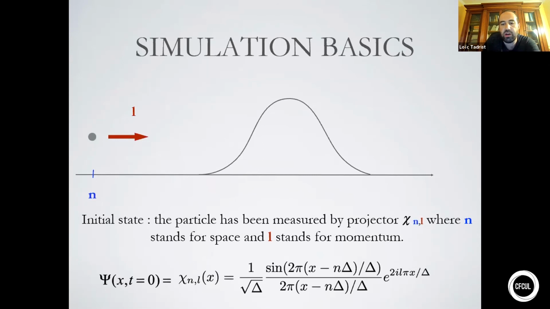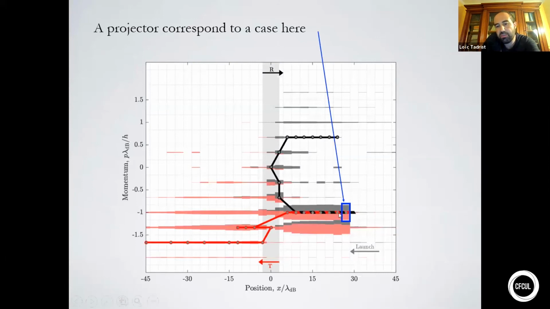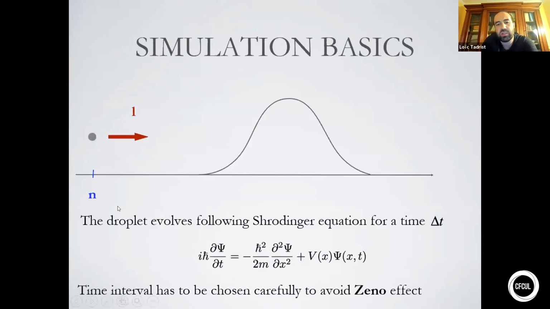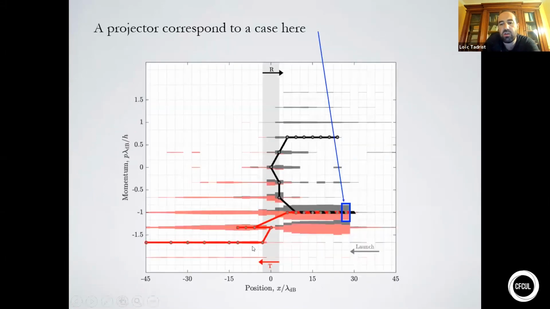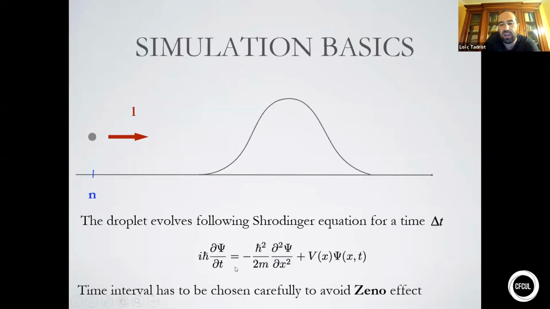Here is the expression of the projector, but we won't pay much attention to it right now. Basically, a projector describes a part of the phase space, and it corresponds to a given space location and a given momentum. So what we do is we start with the particle in this box, the blue box here, and then we propagate this particle, or this wave, according to the Schrödinger equation.